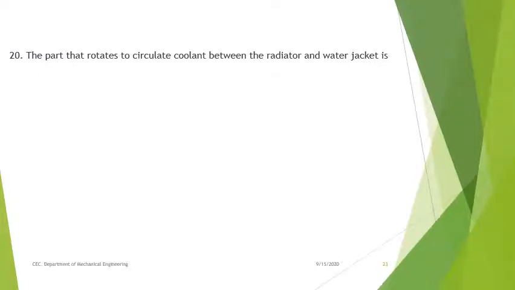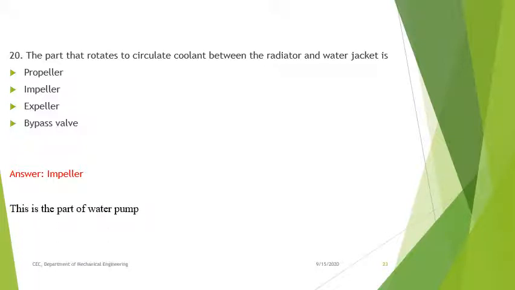The part that rotates to circulate coolant between the radiator and water jacket is propeller, impeller, expeller, or bypass valve. Answer for this one is impeller. The impeller is a part of the water pump. That water pump takes the drive from the engine through a belt. The centrifugal action of the impeller causes circulation of the coolant between the radiator and water jacket.